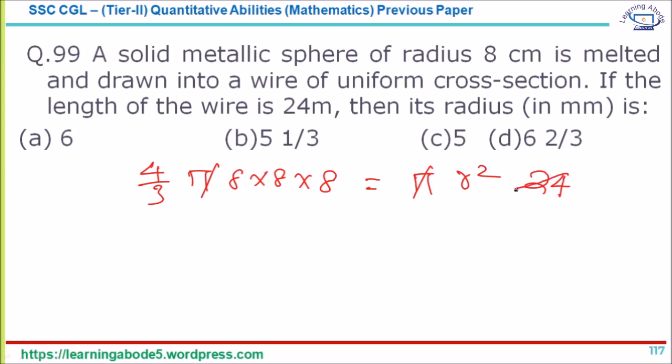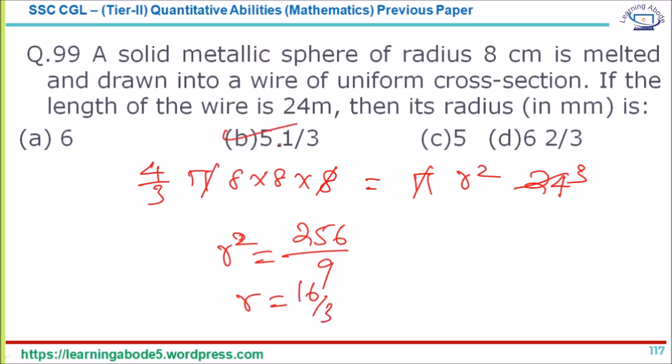The 24 and the 3 cancel, you get 8 into 8 is 64, so 256 by 9. You get r square is equal to 256 by 9, so r is equal to 16 by 3. That's 5 1/3. That's answer option B for question number 99.